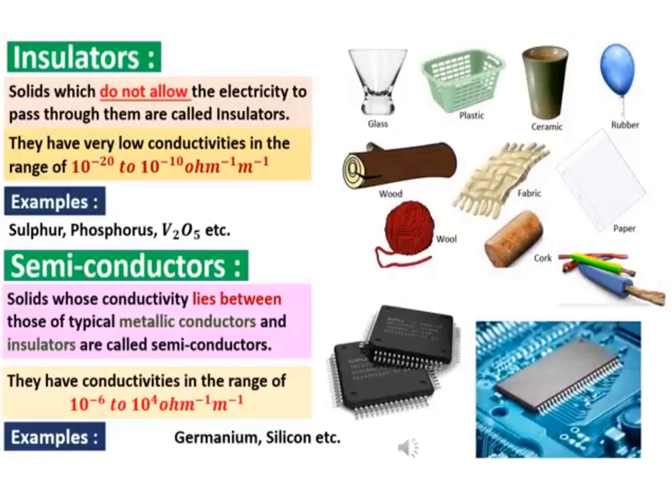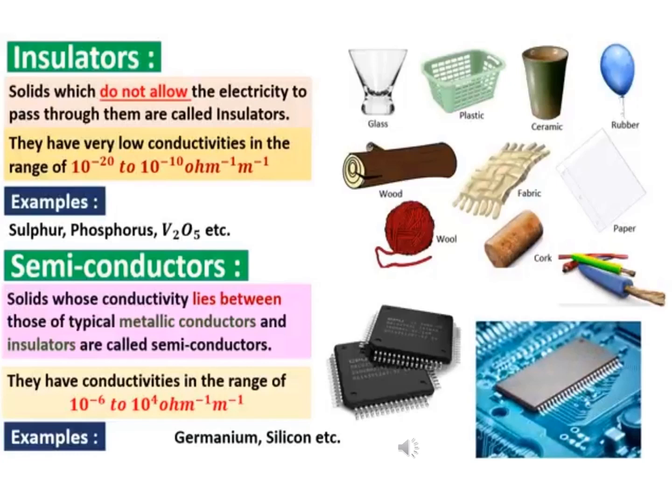The next type is semiconductors. Materials whose conductivity lies between metallic conductors and insulators are called semiconductors.